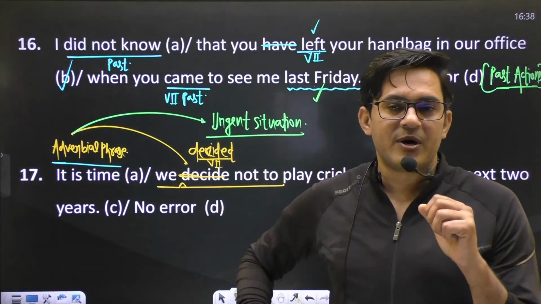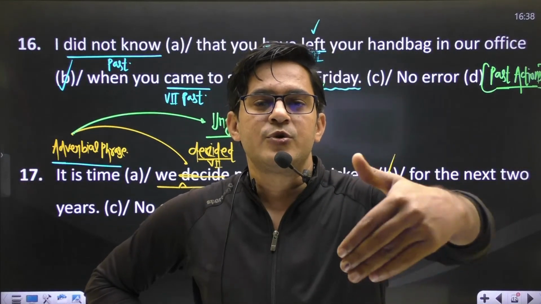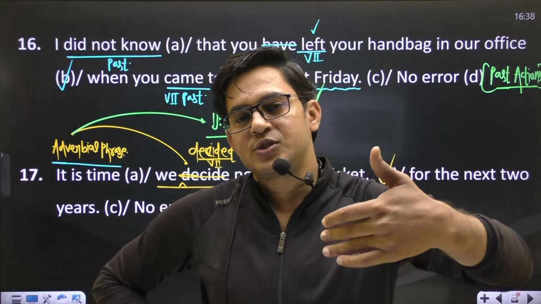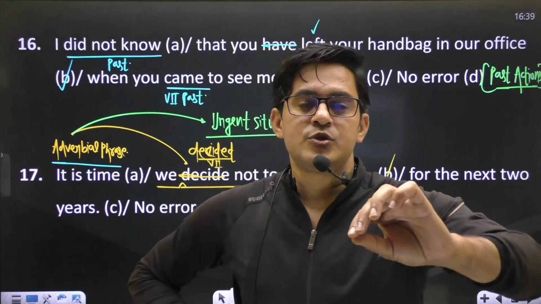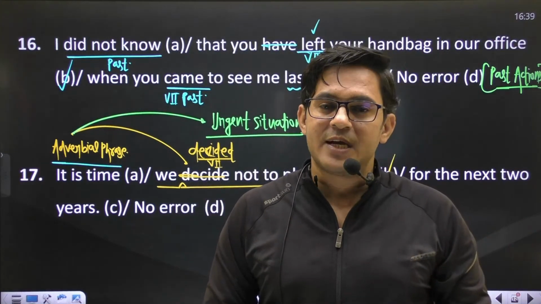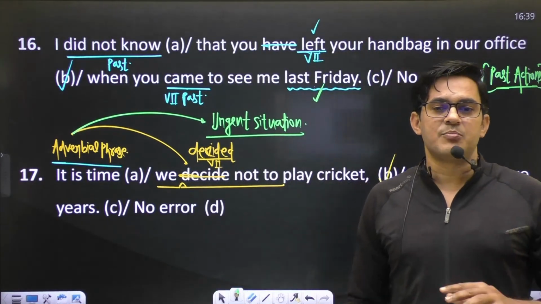Just for example, if I ask you how did you celebrate, how did you enjoy your last Sunday, right? If I ask you about your past routines or the actions which you did last Sunday, how will you design all the sentences? You will design all the sentences in past indefinite, simple past tense.